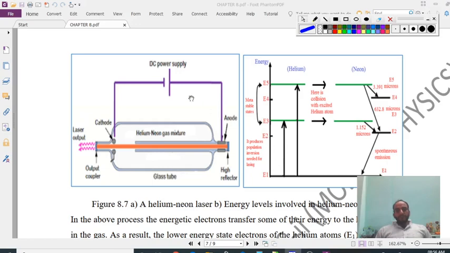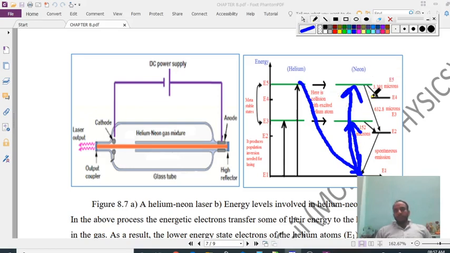The helium atoms are excited from the ground state to the E5 state. Now the atoms in the excited state E5 lose their energy, giving energy to neon atoms in the ground state, and these neon atoms are now excited to their E3 and E5 states.